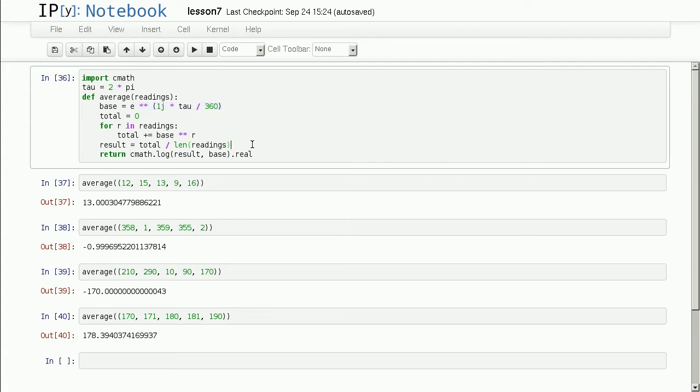Now the second thing I asked you to do in the homework assignment was to also consider the wind speed in addition to the wind direction. So one way that you might do that would be to make your list of readings be something that includes both speed and direction.